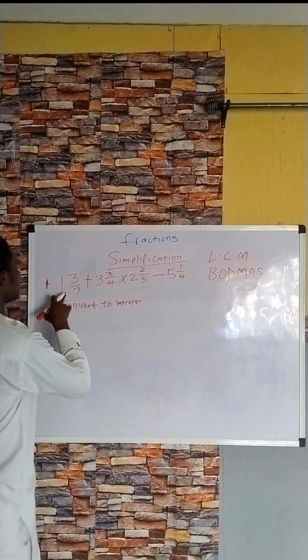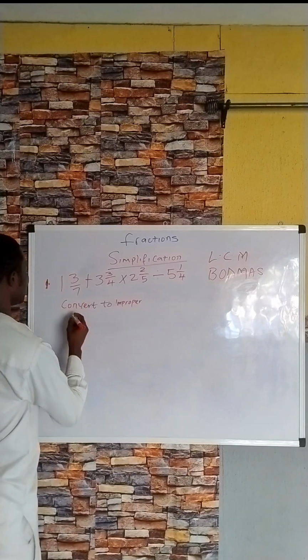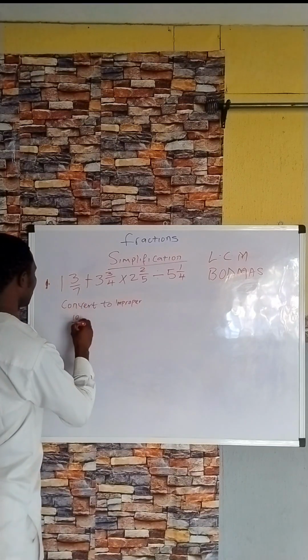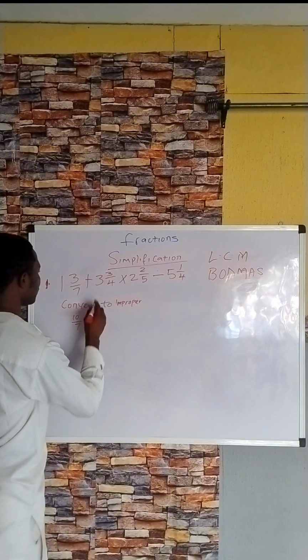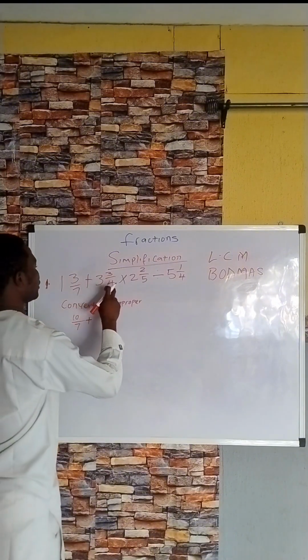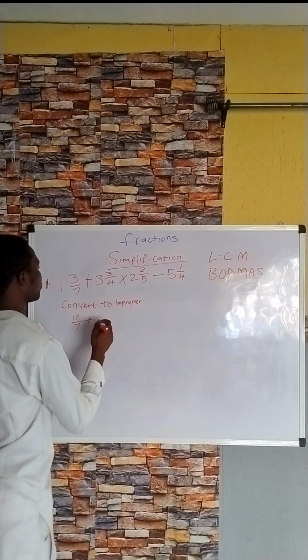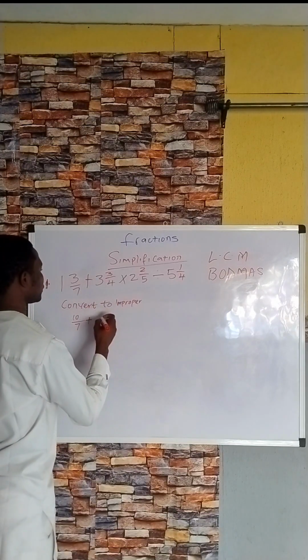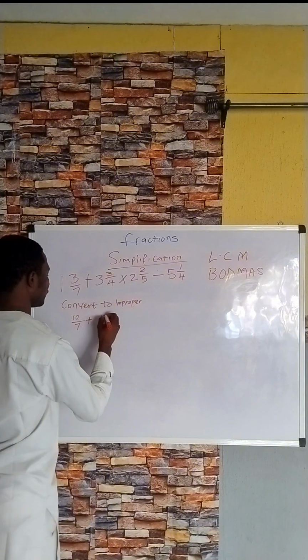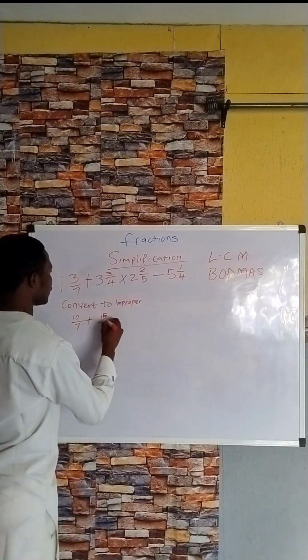7 times 1 is 7 plus 3. This is 10 over 7. Bring down the sign, addition. Plus 3: 4 times 3 is 12 plus 3 is 15. This is 15 over 4.